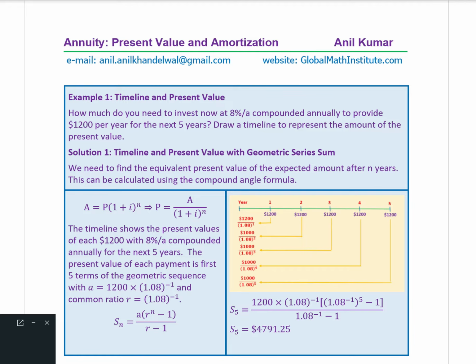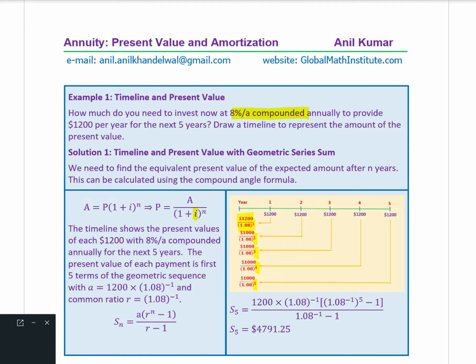That is the interest rate. Now, if that is the interest rate, you could write the decimal equivalent of 0.08. So if you put 0.08 here, you get 1.08 in the formula. So you see 1200 is what you need as the amount, divided by 1.08 to the power of n. After 1 year, n is 1. After 2 years, it will be 2, then 3, 4, and 5.